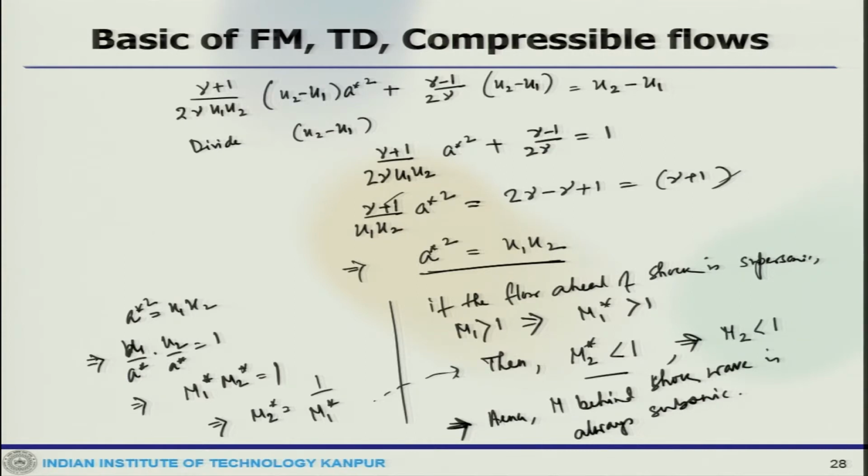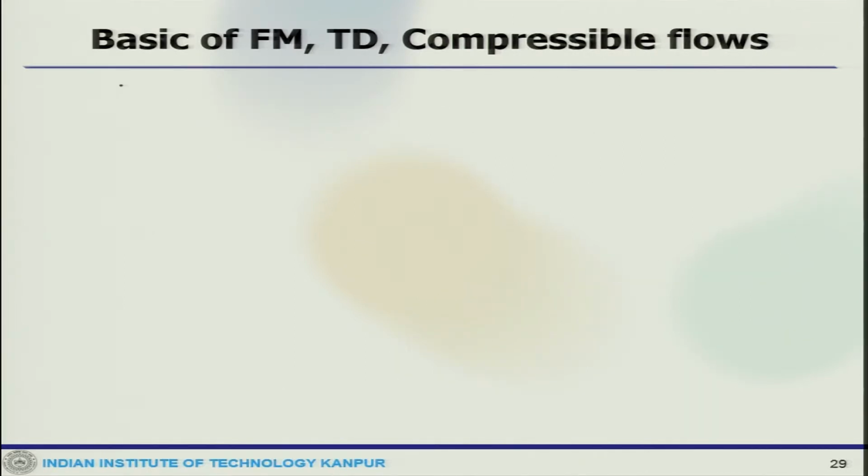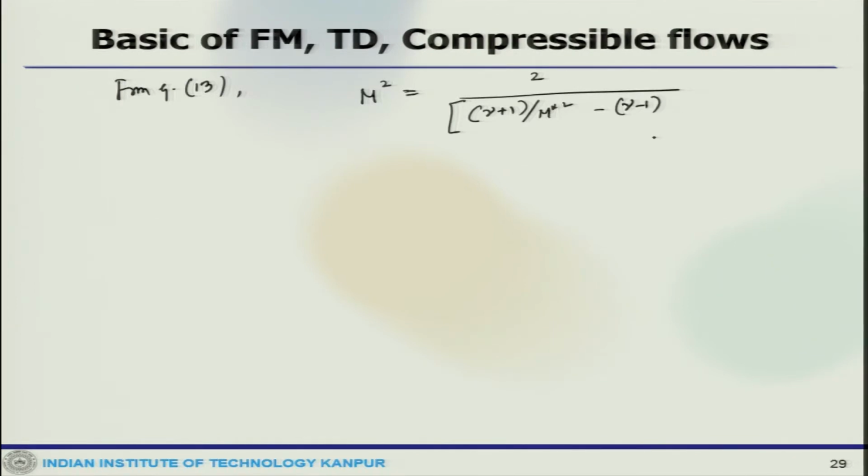Now, further one can extend this. From equation 13, we can write M star square equals (gamma plus 1) M square by 2 plus (gamma minus 1) M square.